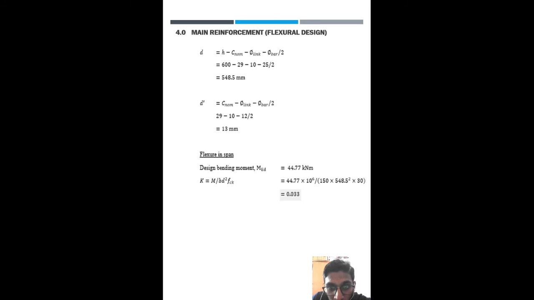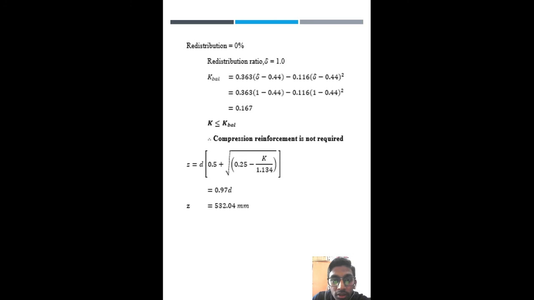We calculate K and we got the value of K is 0.033. Next, for redistribution it is 0%, the redistribution ratio is 1.0, and K-bell is 0.167.